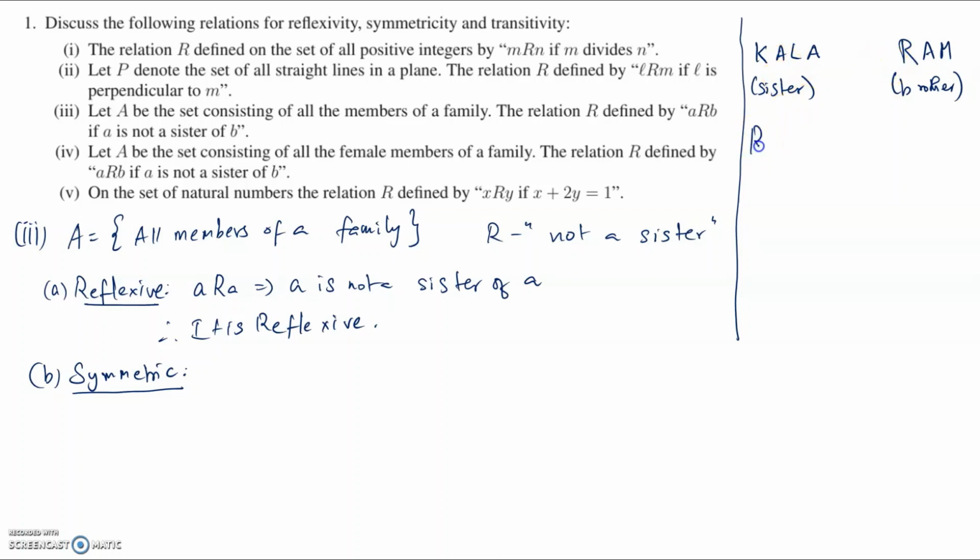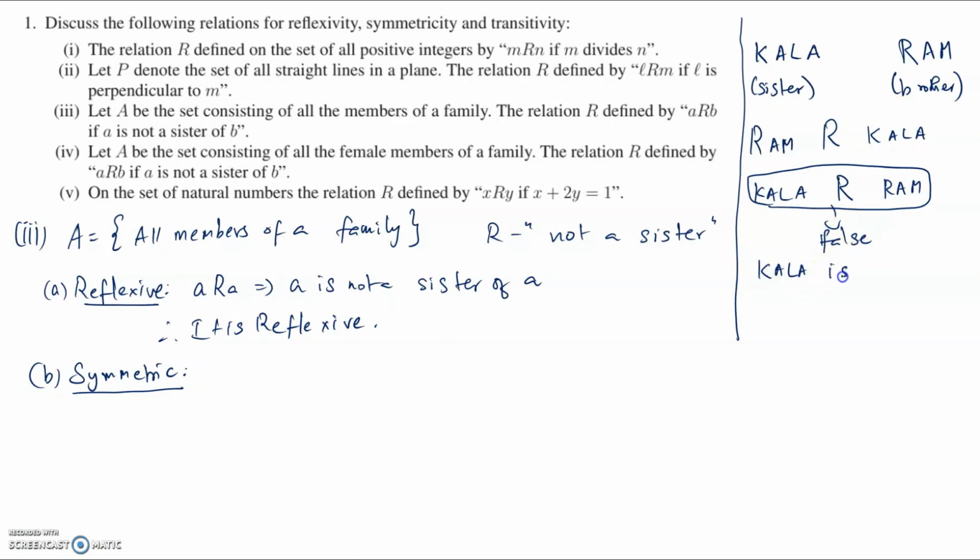So you can say Ram is not a sister of Kala, whereas you cannot say Kala is not a sister of Ram, because this is false. This is false because Kala is a sister of Ram.